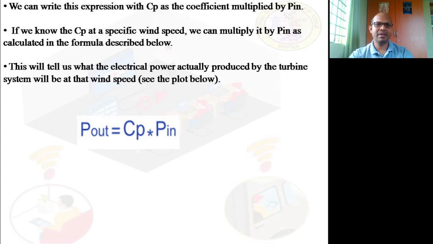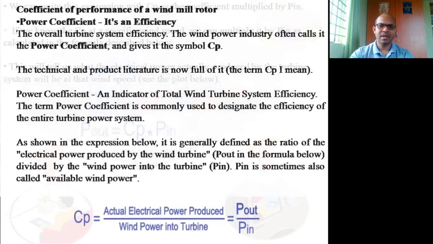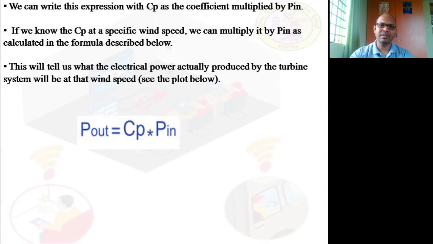We can write this expression with Cp as a coefficient multiplied by P in. If we know the power coefficient at a specific wind speed, we can multiply it by P in as calculated, and find the output that we can achieve.